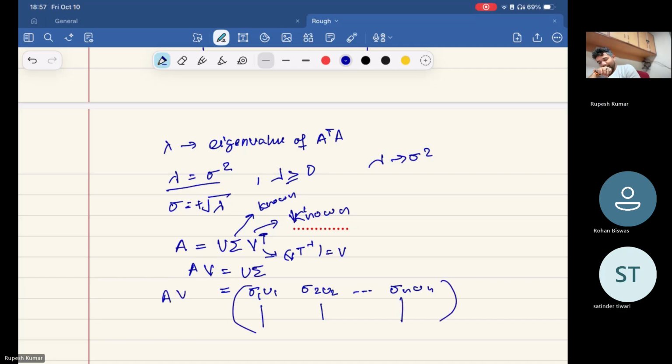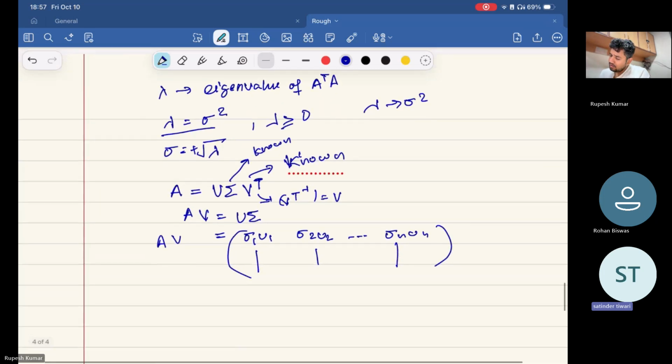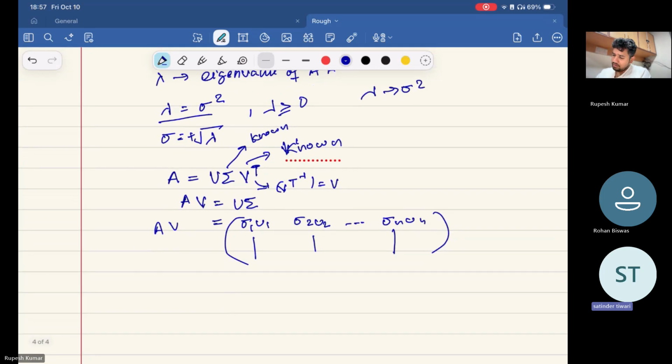But now the problem is that the dimension of U will be more than the dimension of V. So we have to use the Gram-Schmidt method to orthonormalize again for projection. Because if you are applying this, its dimension will be less.